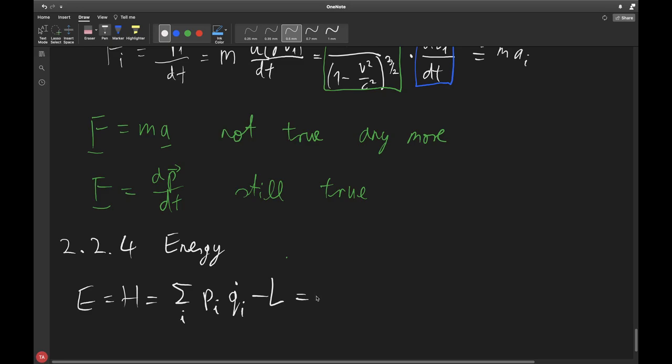I can again change the notation a bit and say that the sum of p_i q_i dot is the same as the dot product of the p and v vectors. From that I subtract the Lagrangian.